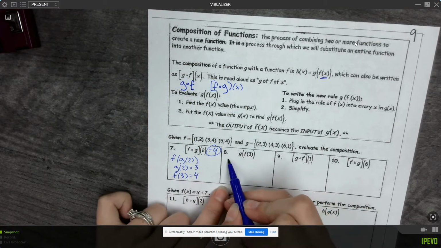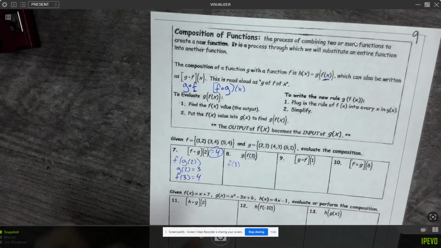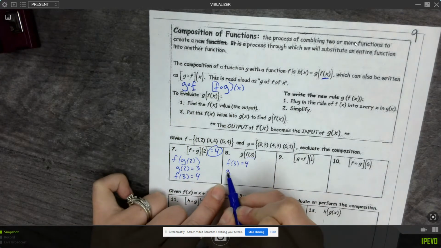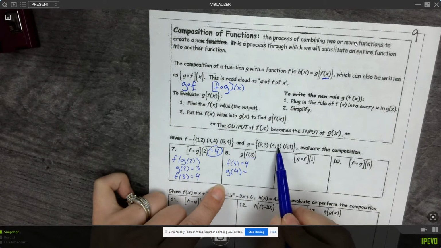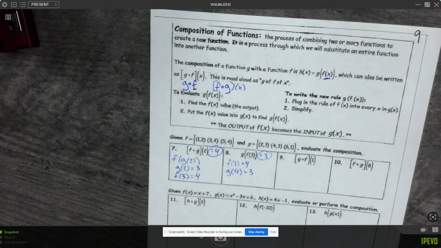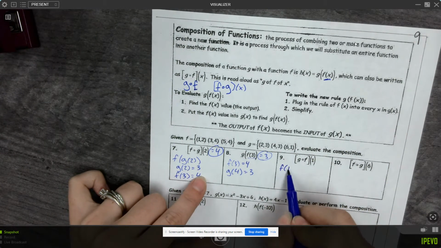So f of 3, I'm going to start with that one. Start with the middle, start with the second one. F of 3 is 4. Now I'm going to do g of 4. G of 4 is 3. G of f of 1 means I'm going to start with f of 1.